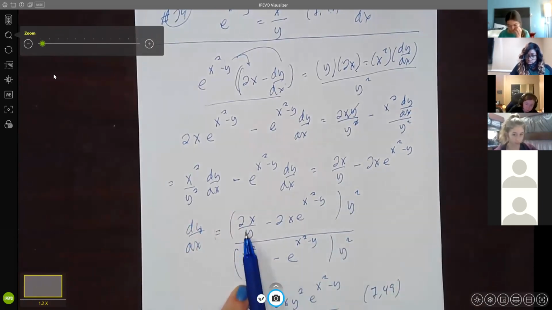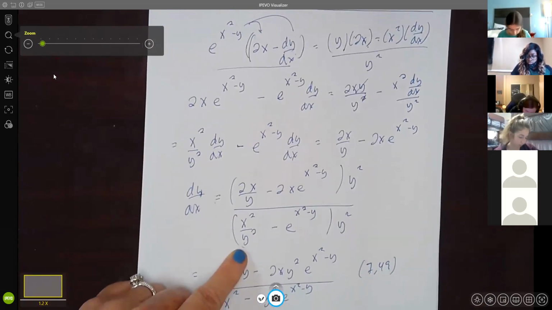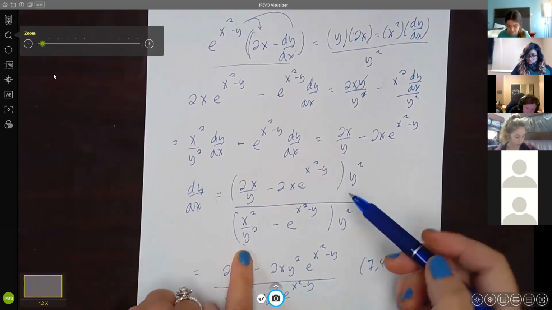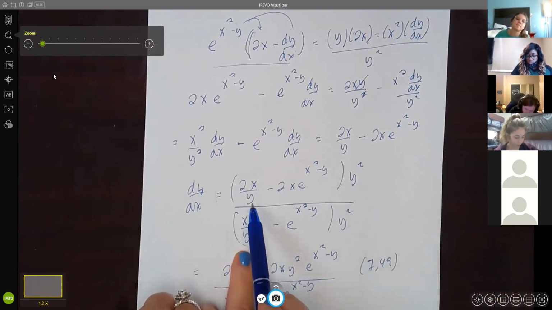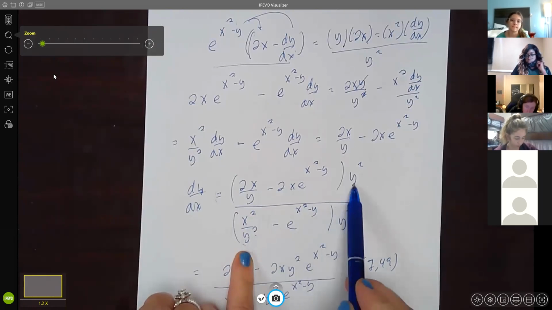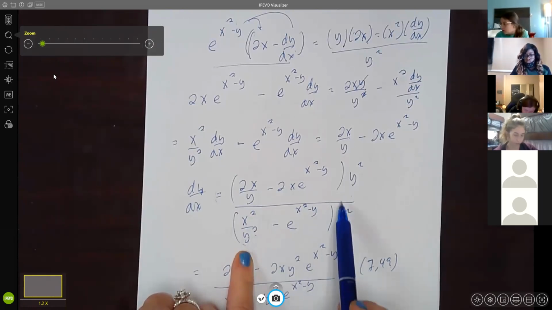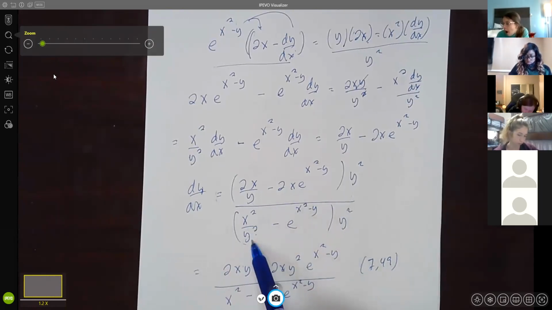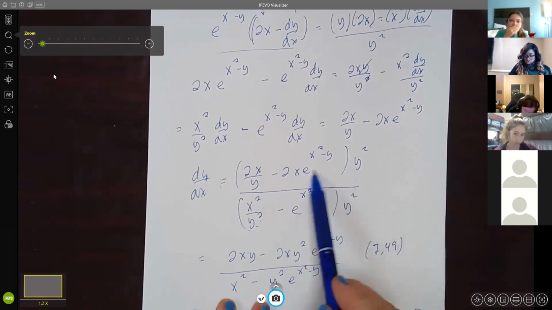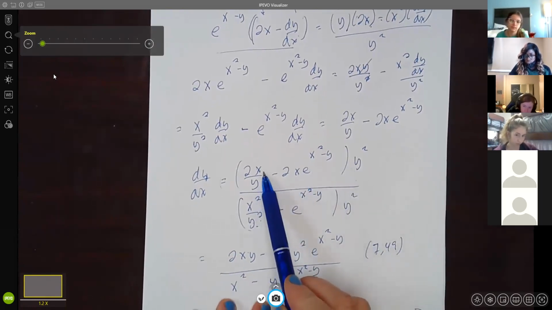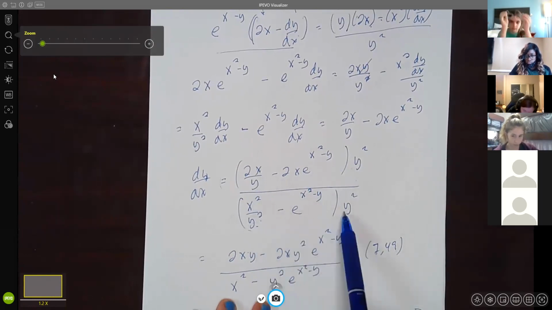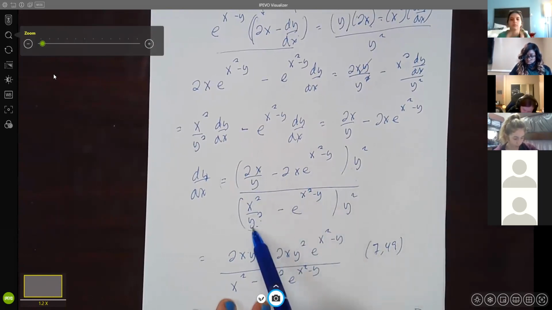Now you notice we have fractions within fractions. Don't like that. Make it easier on yourselves. So one is a y, one is a y squared. If I multiply top and bottom here by y squared, I can distribute this out and cancel out those guys. There's a y squared here. There's a single y here because that one canceled. There's a y squared here, that one goes away.